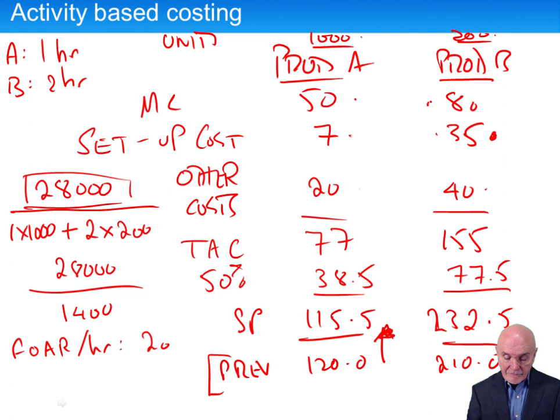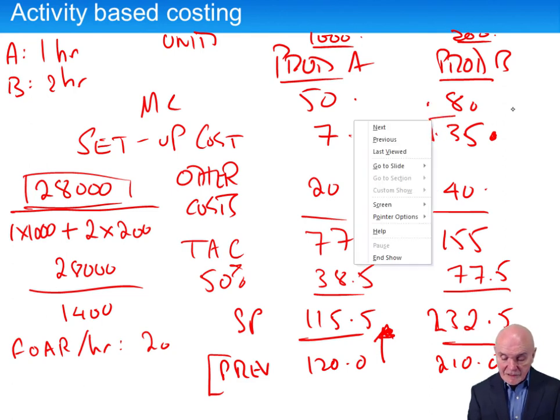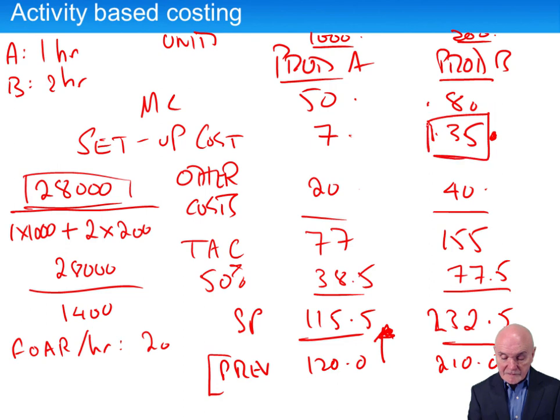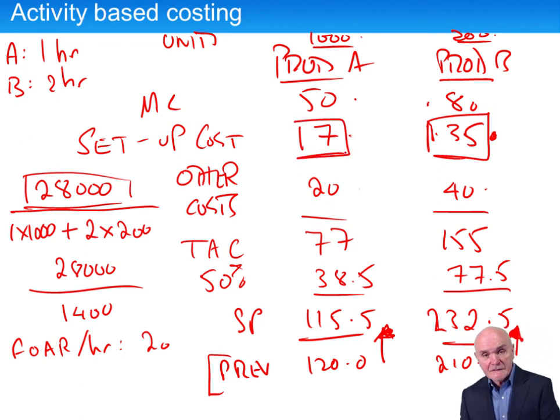And anyone going down this 80, 35, 40 should have their attention really drawn to this 35 as being quite a substantial cost. Whereas over here, the 7, we'd probably say to ourselves that's really quite a low cost compared to these other two. The chances of me being able to save a lot of cost to create a lot more profit is not great.